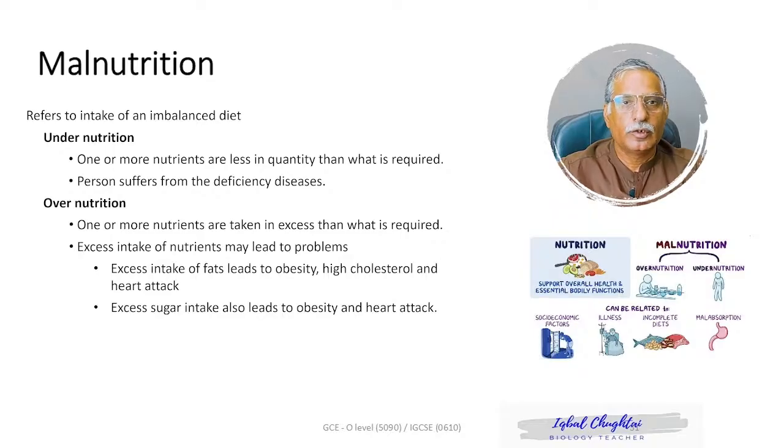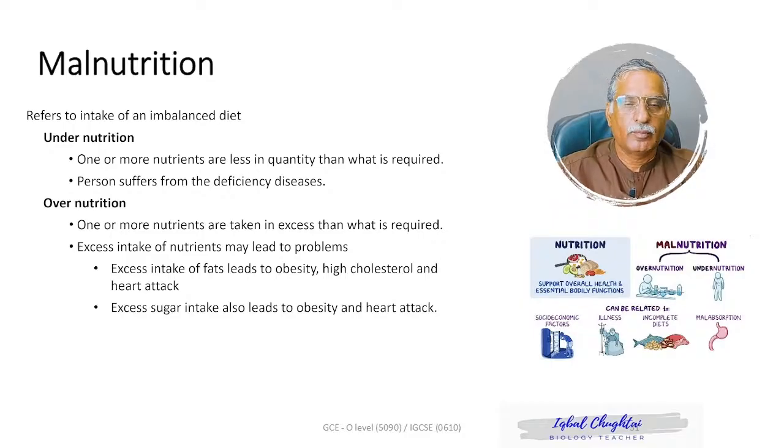And then it comes to overnutrition. If a person is consuming food that contains one or more nutrients in larger quantities than what he actually requires, that excess intake of certain nutrients can also cause abnormalities.